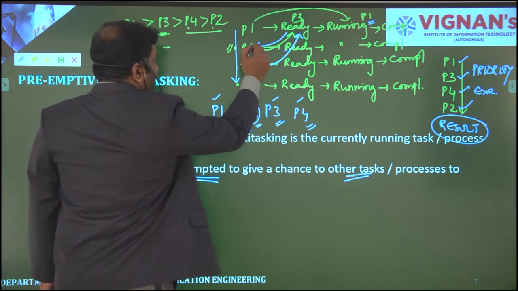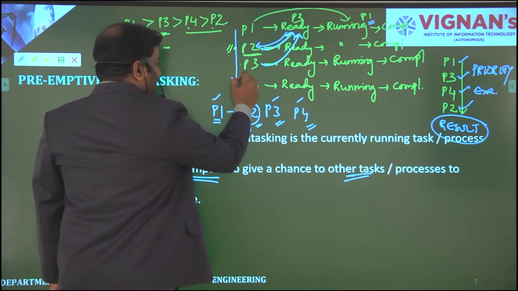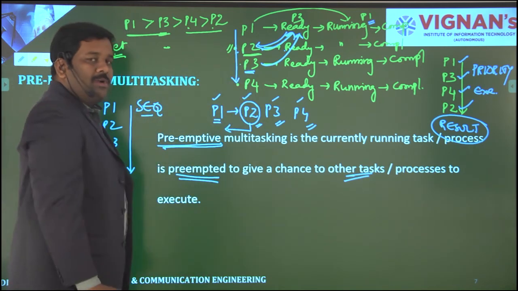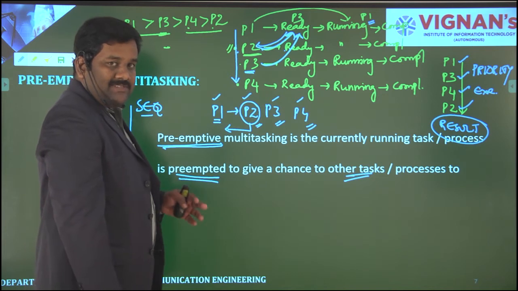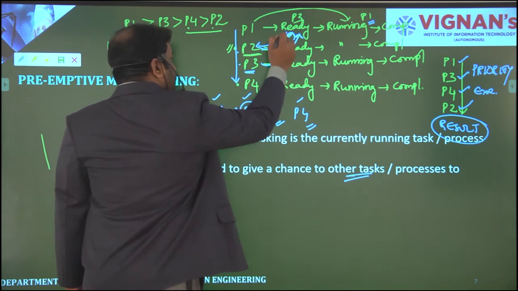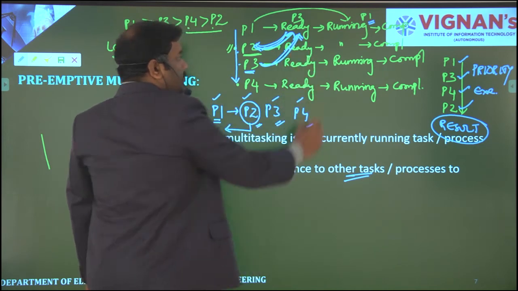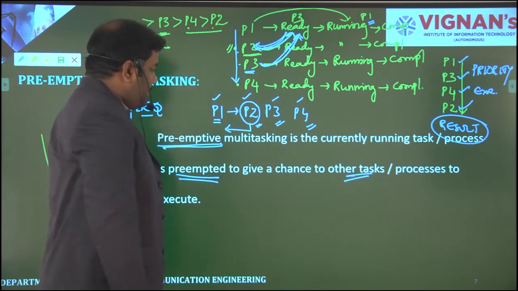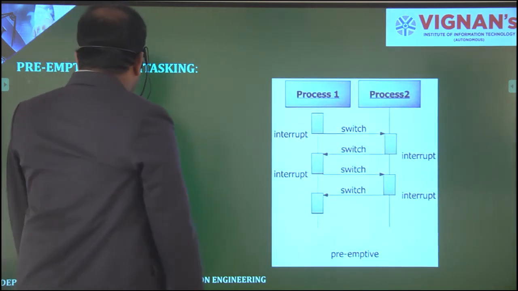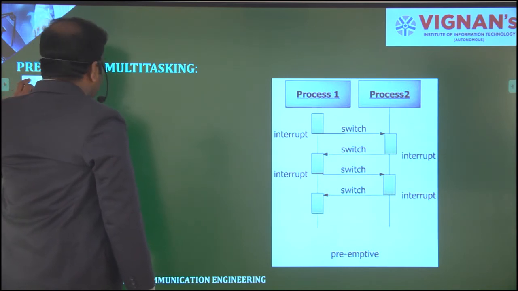What we are doing: P2 went to the ready state, but higher priority task P3 came to execute. Then when P2 realizes that it does not have as much priority as P3, which is already available in the waiting state, P2 is preempted, which is just returning back to its original state and giving way to P3 to execute in the ready and running states. That is preemptive multitasking. So this is the graphical representation of preemptive multitasking.